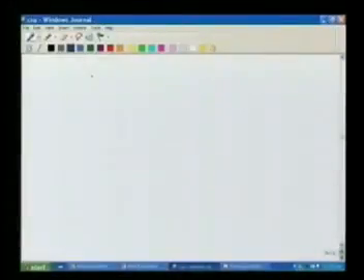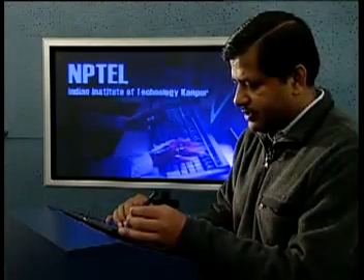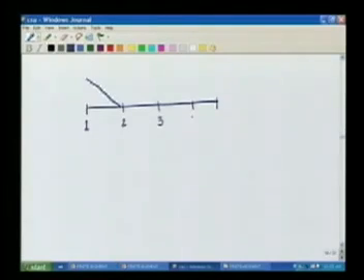So let us now take our problem again and draw the various global functions phi I that we have. So this is node 1, node 2, node 3, node 4, node 5.